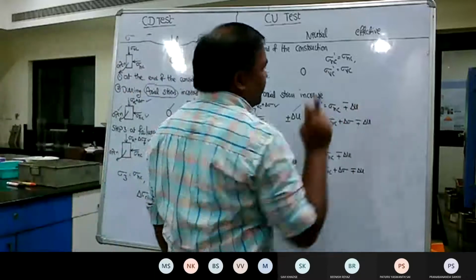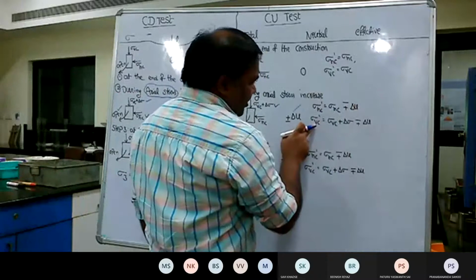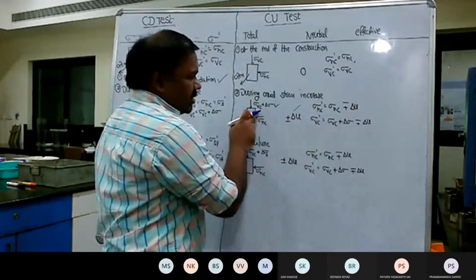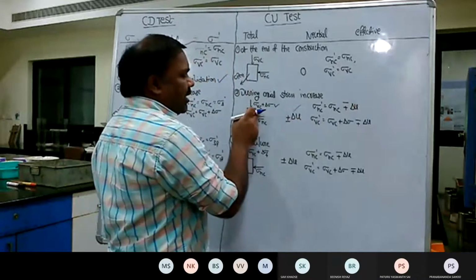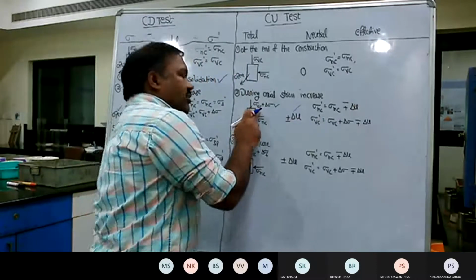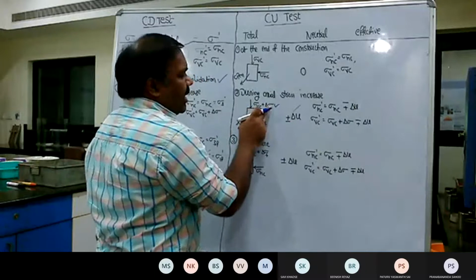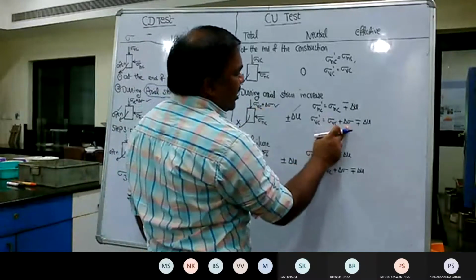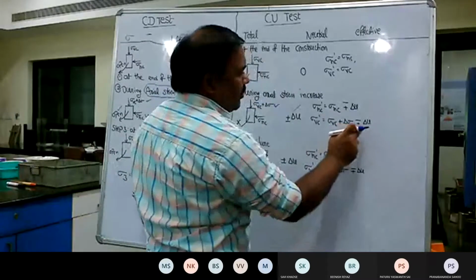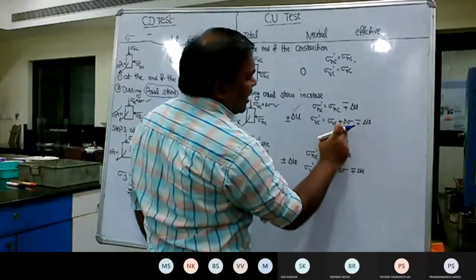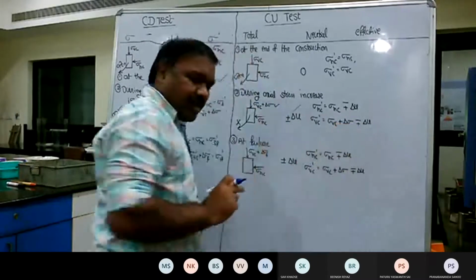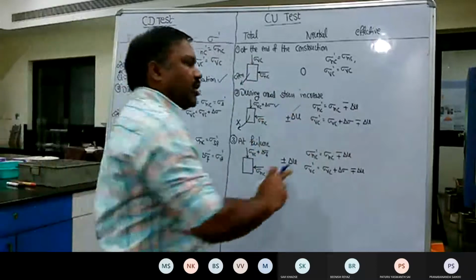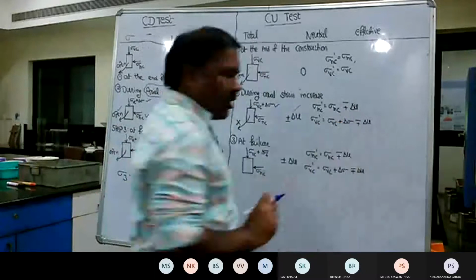Similarly, the effective stress in the vertical direction is sigma VC, that is the initially applied confining stress to consolidate the soil sample, followed by the increment in axial stress, plus or minus the development of the pore water pressure as a result of the increment of delta sigma. I hope it is clear to you everyone now.